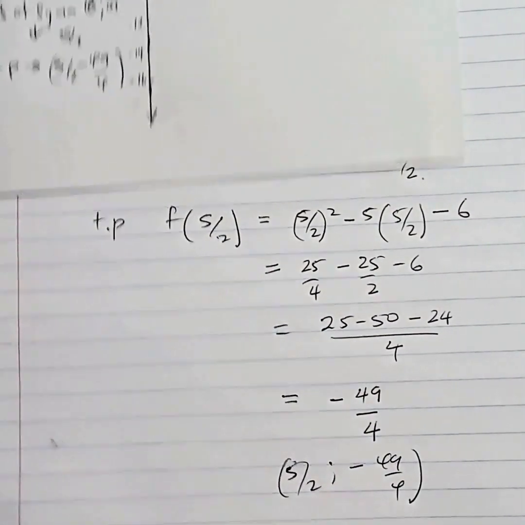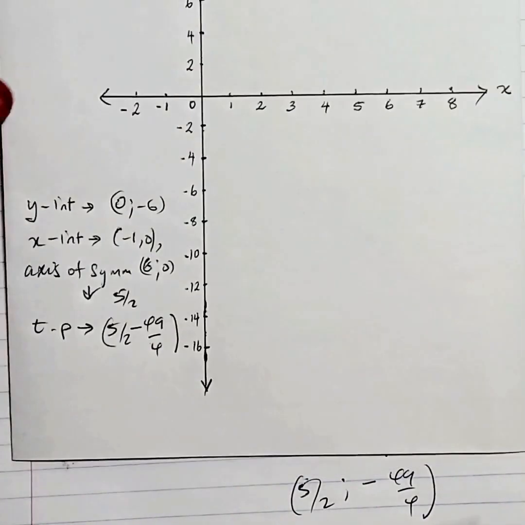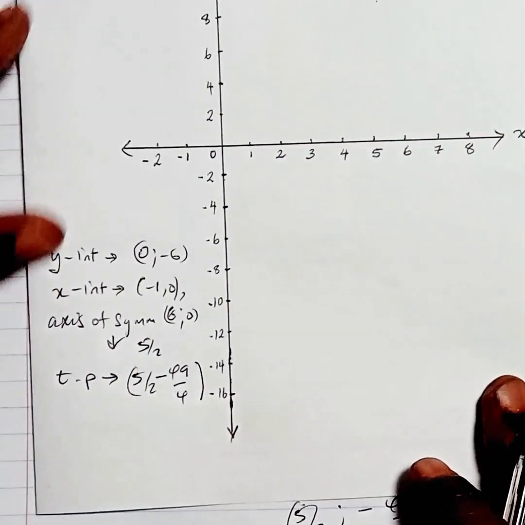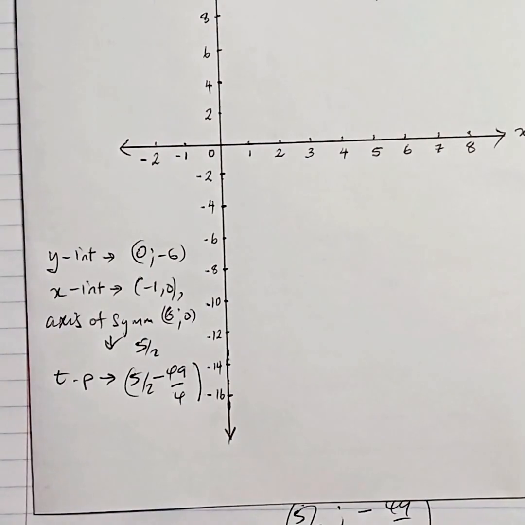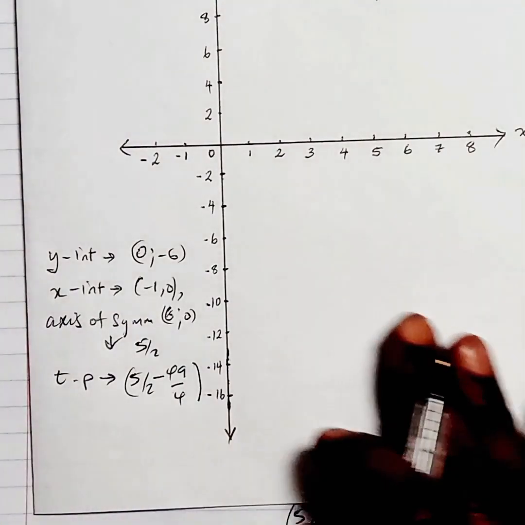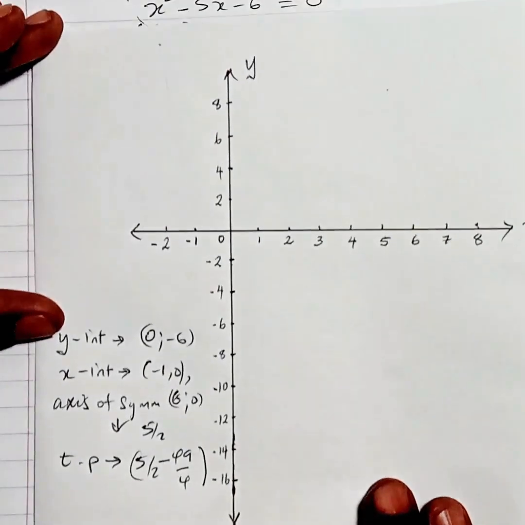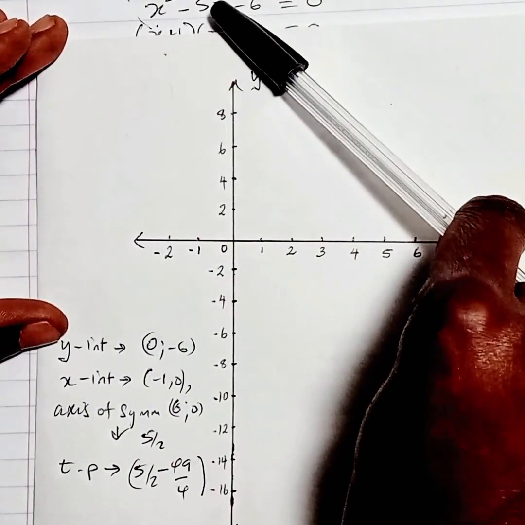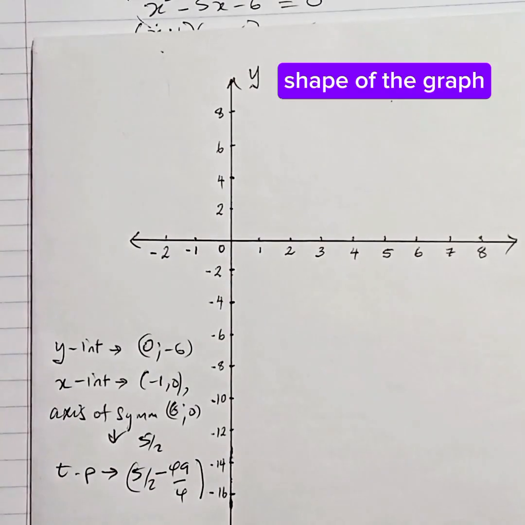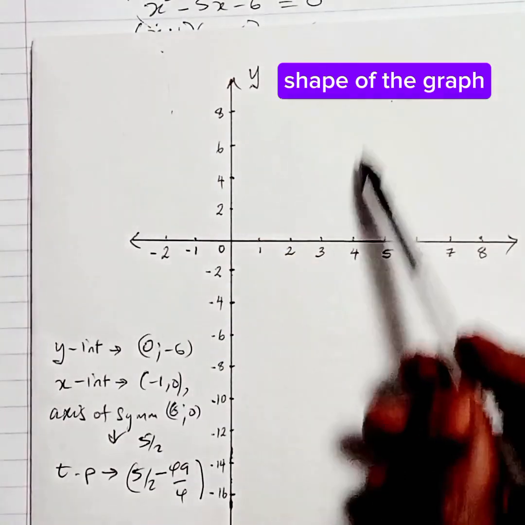That's our turning point. Now we've got everything that we need, so now we can just sketch that graph. Okay. So if you look at the shape of that graph, our a from this equation here, a is 1, so it's greater than 0. So if a is greater than 0, our graph takes this form.